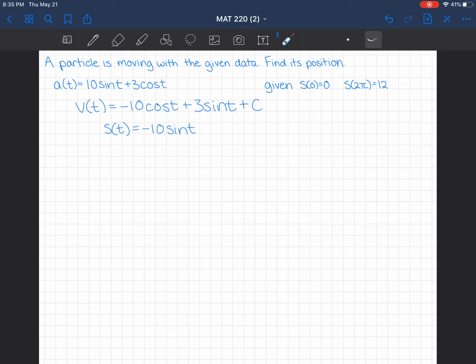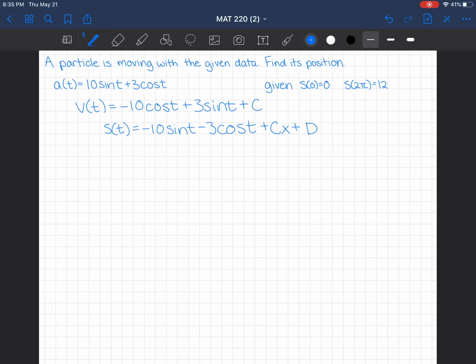And then for sine, if we have cosine of x, then our antiderivative would be negative sine x. But here we have a positive sine, so that's actually going to need us to have our antiderivative as a negative cosine, plus c times x, plus another constant, which this time I'll label as d.